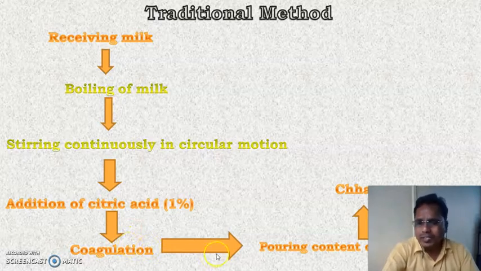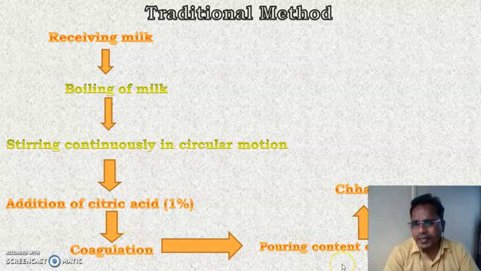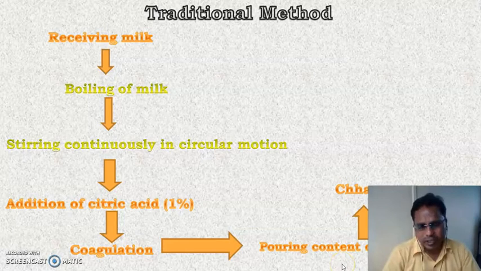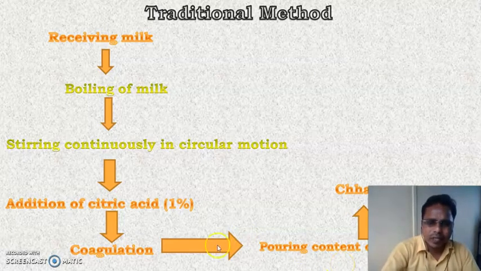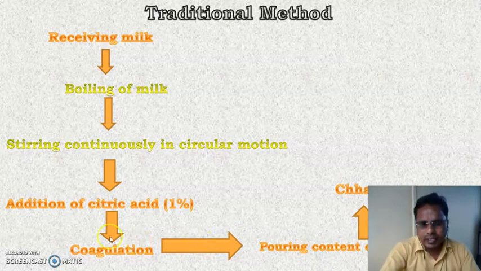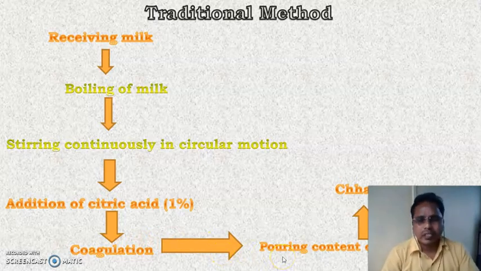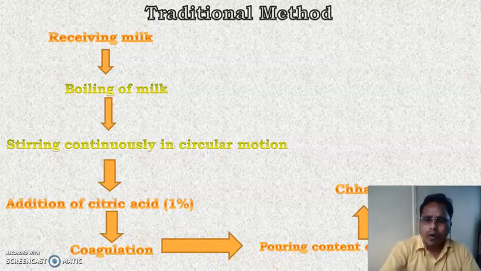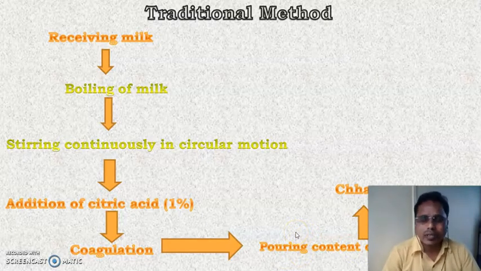After the coagulation, the next step is pouring the content over the muslin cloth. It means we have to strain the mass. For this purpose, a clean muslin cloth is taken.